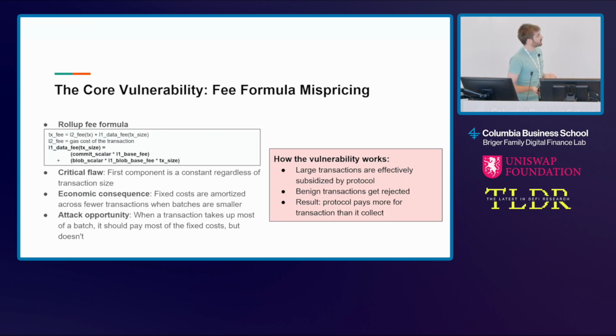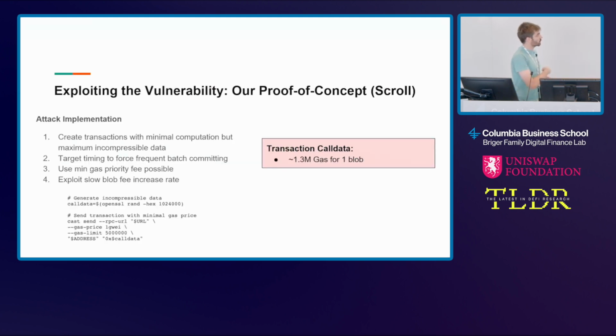So we instantiated this attack for the Scroll blockchain, where we just create transactions, as I already said, with minimal computation. We create some random calldata bytes, so they cannot be compressed very aggressively. And for that calldata, we only need to pay 1.3 million gas to cover the whole space of a single blob in L2 gas.